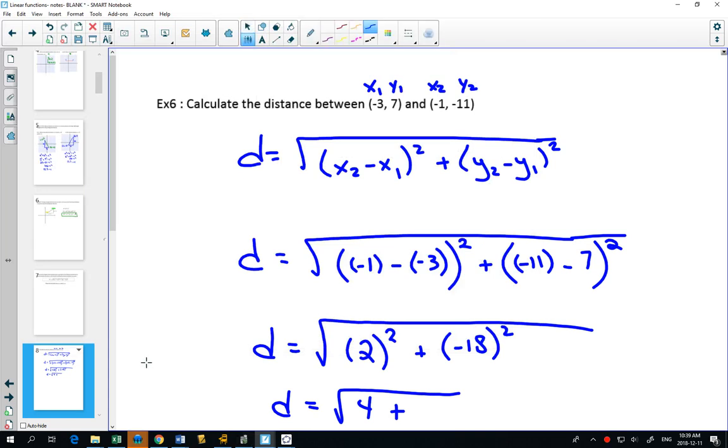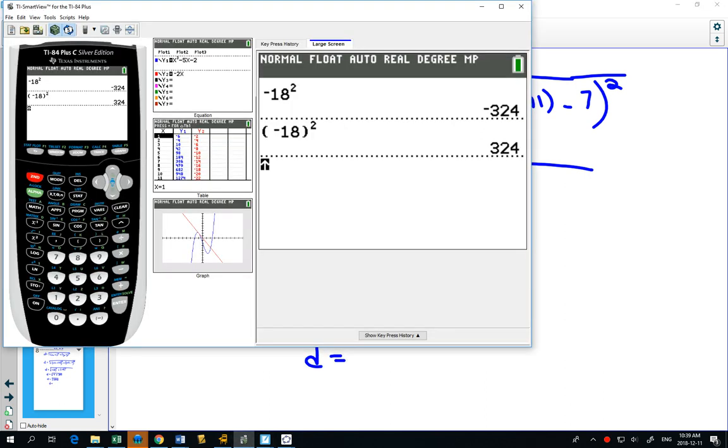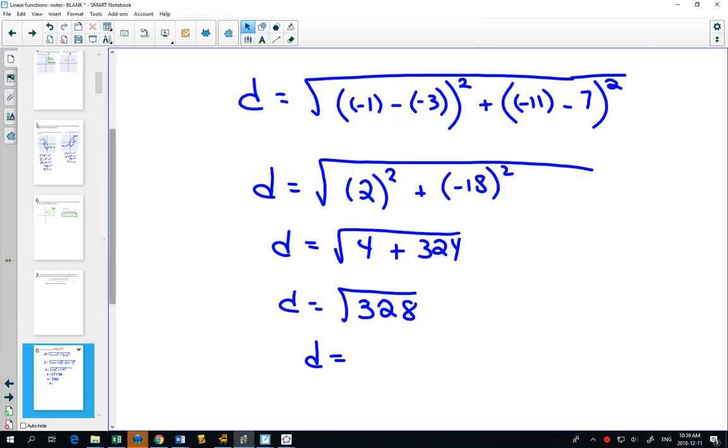So it becomes 4 plus 324, which is the square root of 328. Square root of 328 is 18.1.